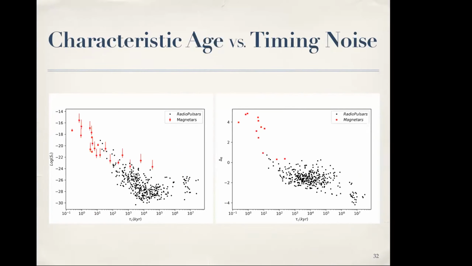Since we know that magnetars are younger sources compared to the radio pulsars, it can be said that the younger the pulsar is, the noisier it is, and as time passes by, their noises also step down.